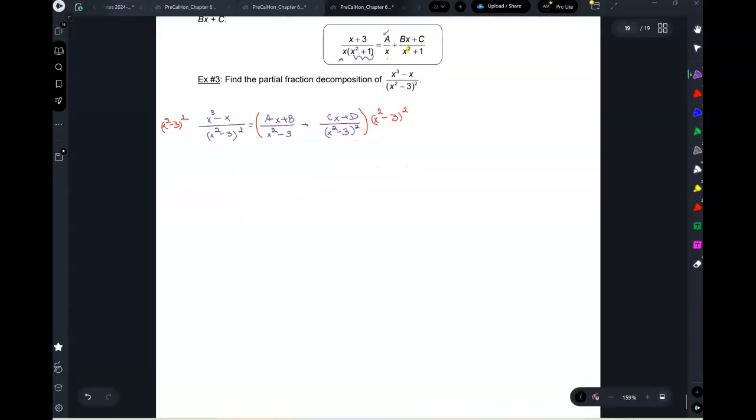So here I get x cubed minus x is equal to ax plus b times x squared minus 3 squared, plus cx plus d.